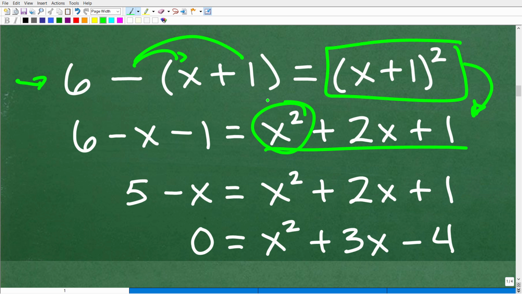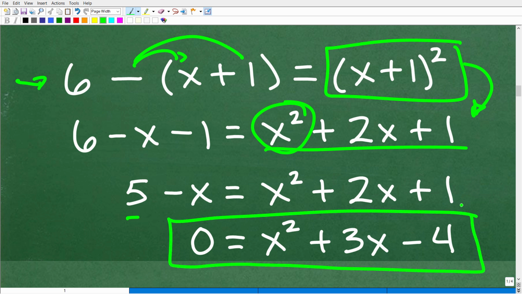So what I want to do is set this entire equation equal to 0, put it in what we call standard form. Because I have x², 2x, and 1 over here, I'm just going to move these terms over to this side and set this equal to 0. So 6 minus 1 is 5, so we have 5 minus x, and when I move the 5 and x over to this side of the equation, I have 0 is equal to x² + 3x - 4.